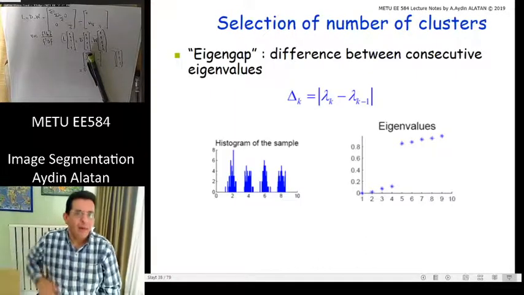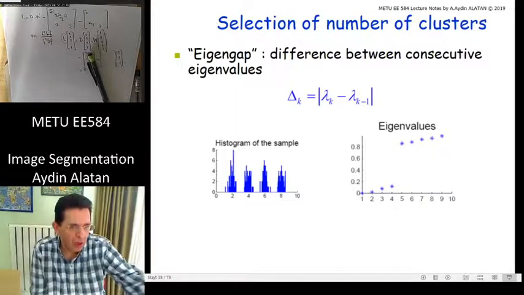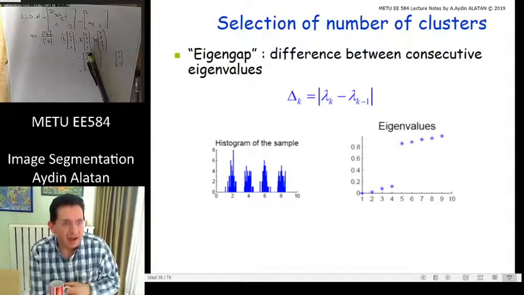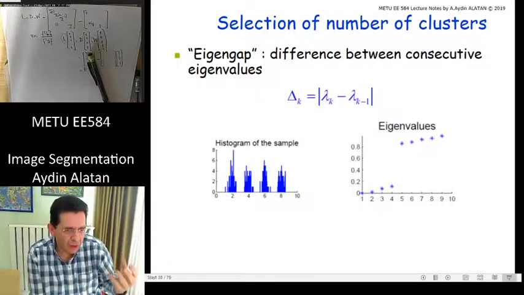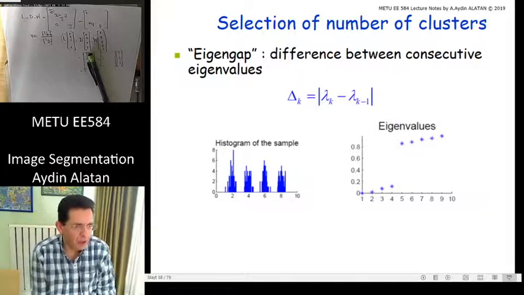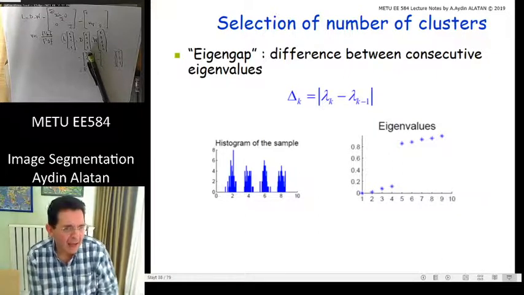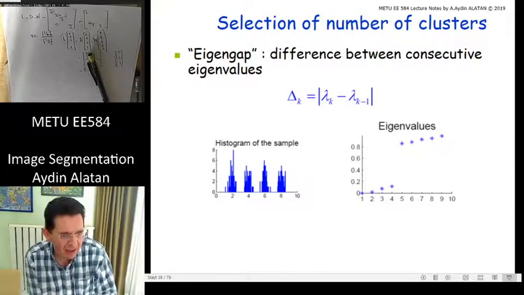Okay, now that concludes our discussion about graph theoretic approaches. The graph theoretic segmentation, the first one was RSSD, something simple, old. The second one was normalized cut, and the extension to the normalized cut was spectral clustering.